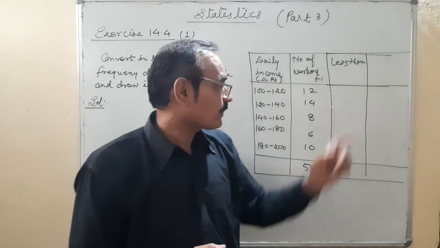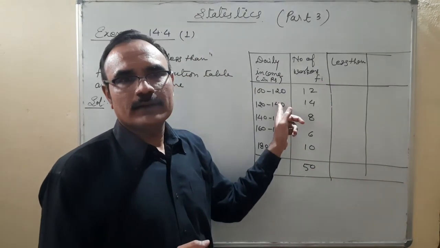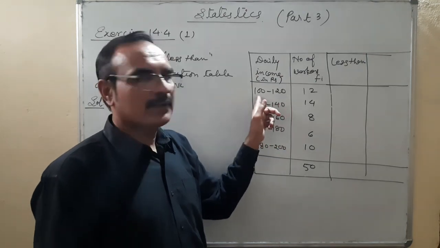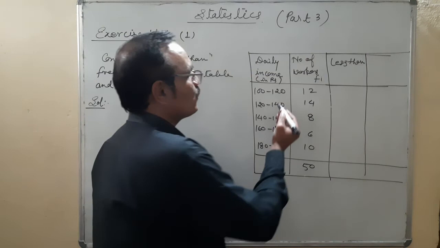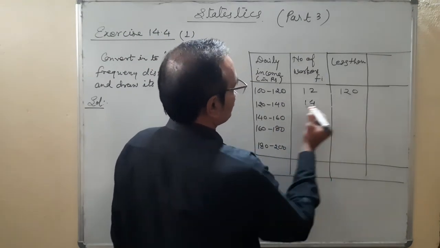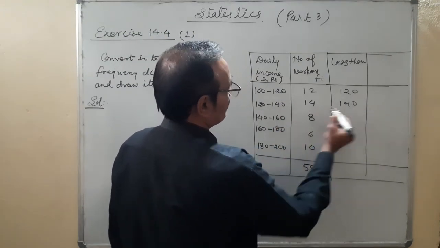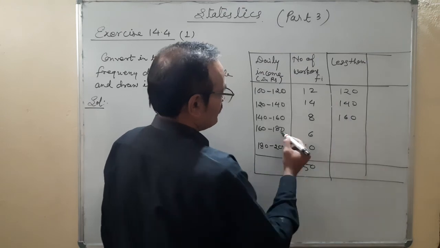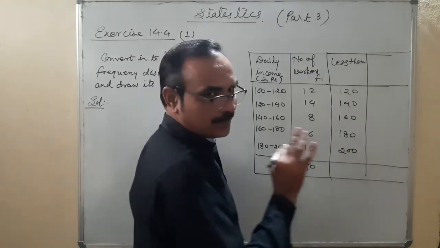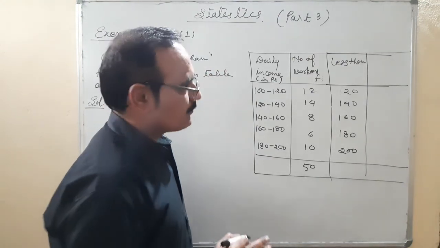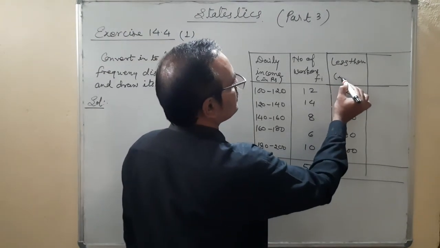Because we don't have data less than 100 in this interval. So I write less than 120, less than 140, 160, 180, and 200. I think it is clear for everyone.